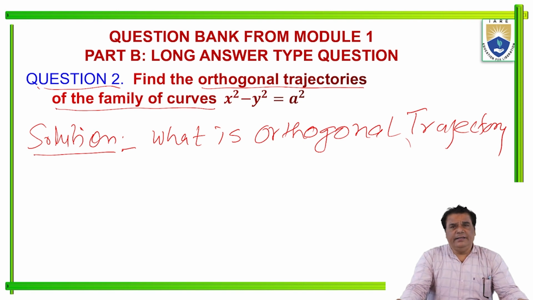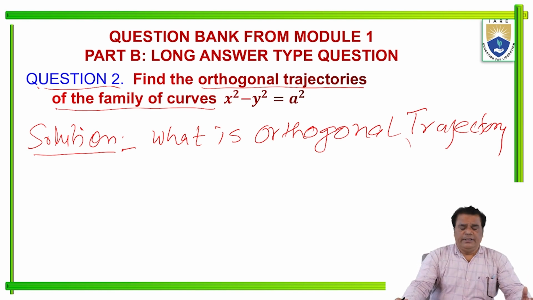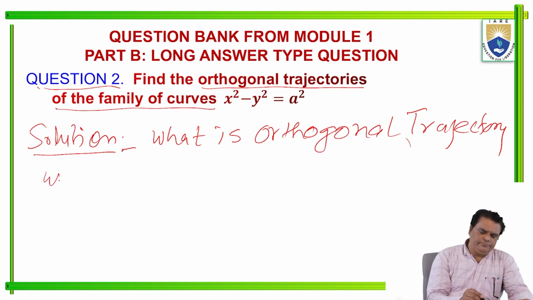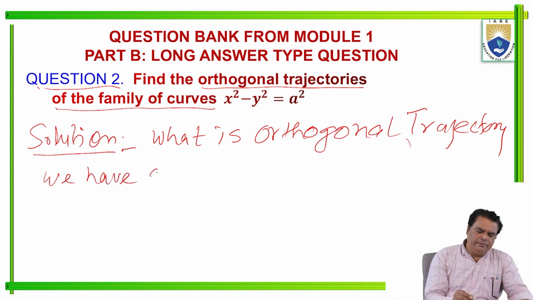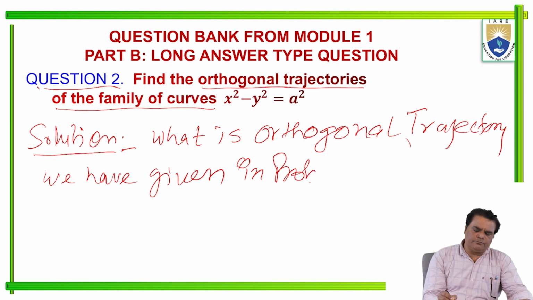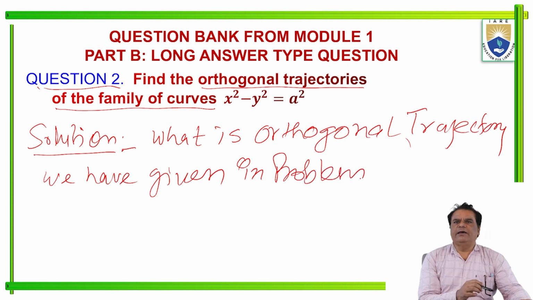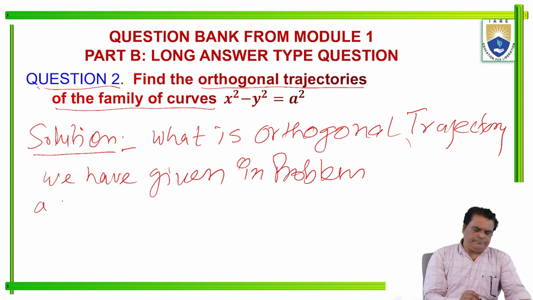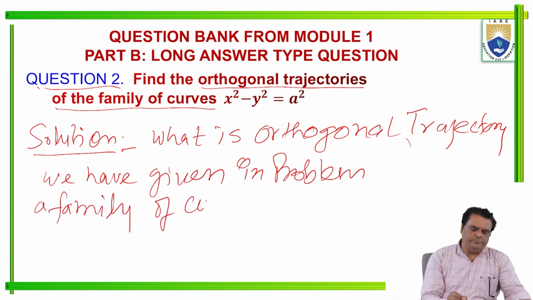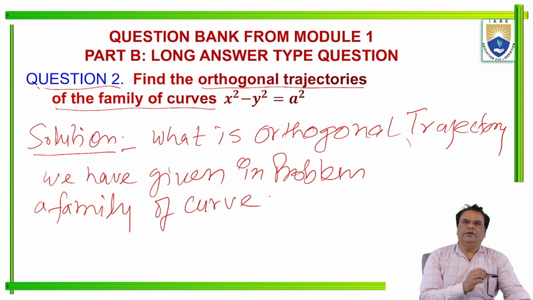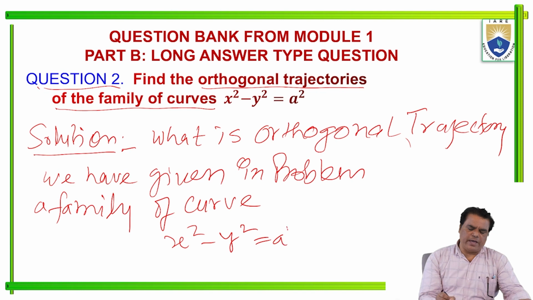Orthogonal trajectory is that curve. Here we have given in the problem a family of curves, x square minus y square equal to a square.